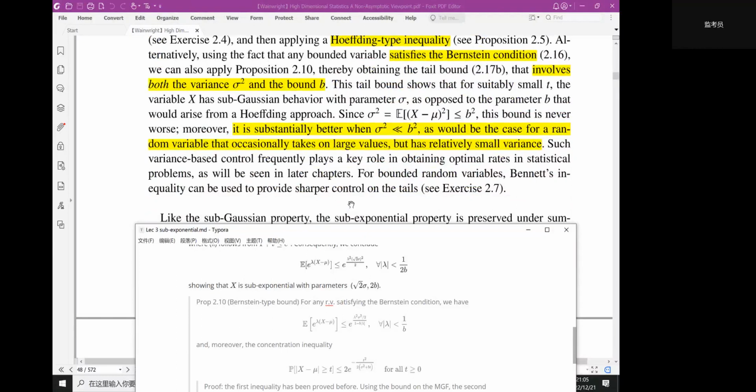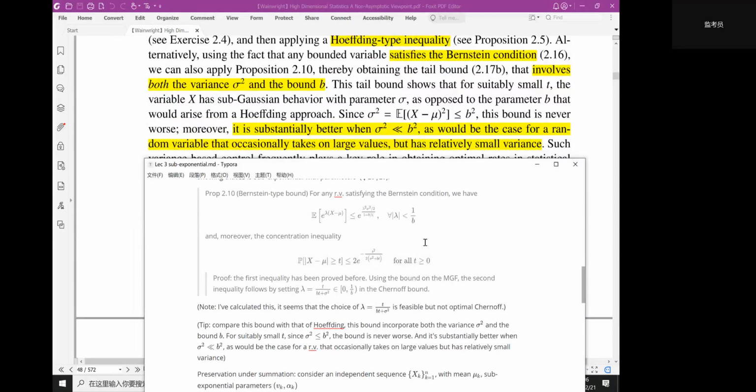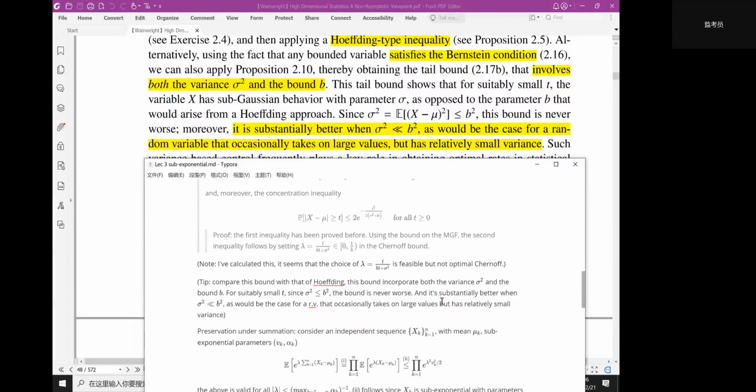There are times when sigma squared is substantially less than b squared, where b is the bound of the random variable. This would be the case when a random variable occasionally takes on large values but has relatively small variance. Then the sub-exponential bound seems better than that of Gaussian because we incorporate the value of sigma here, but not b.